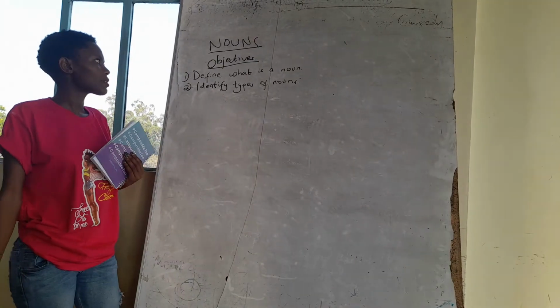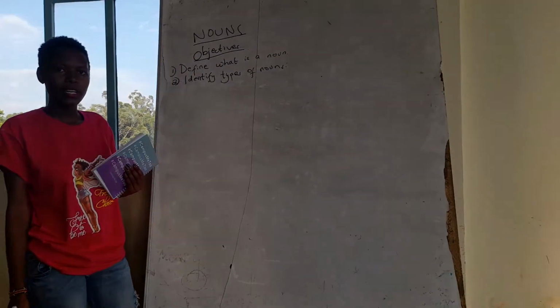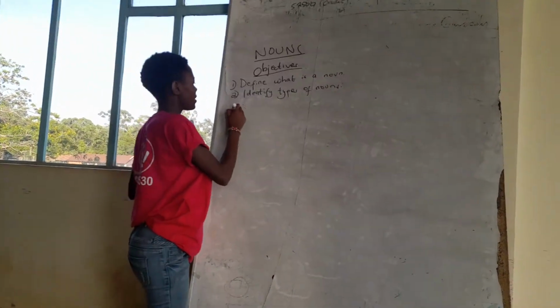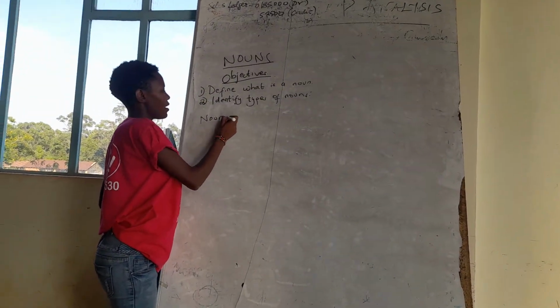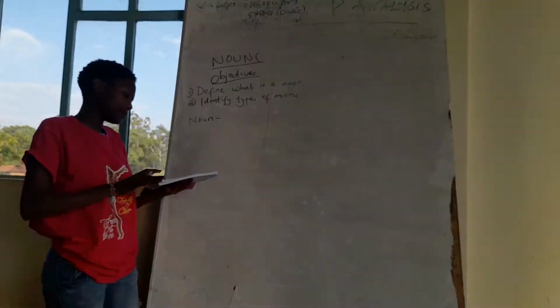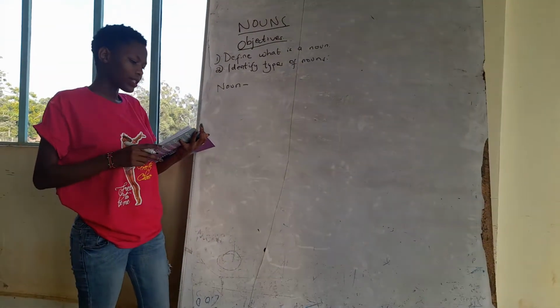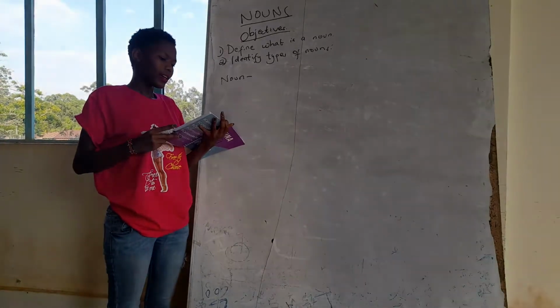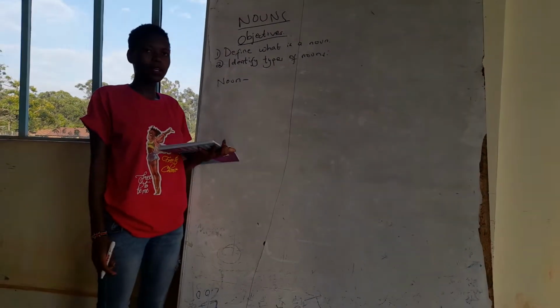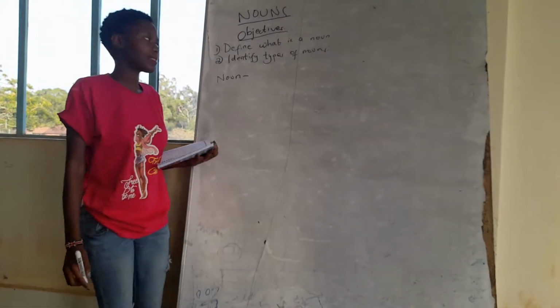Okay. So, number one, we're going to define what a noun is. I have prepared some notes. Nouns are words which are used to identify a class of people, places, or things.